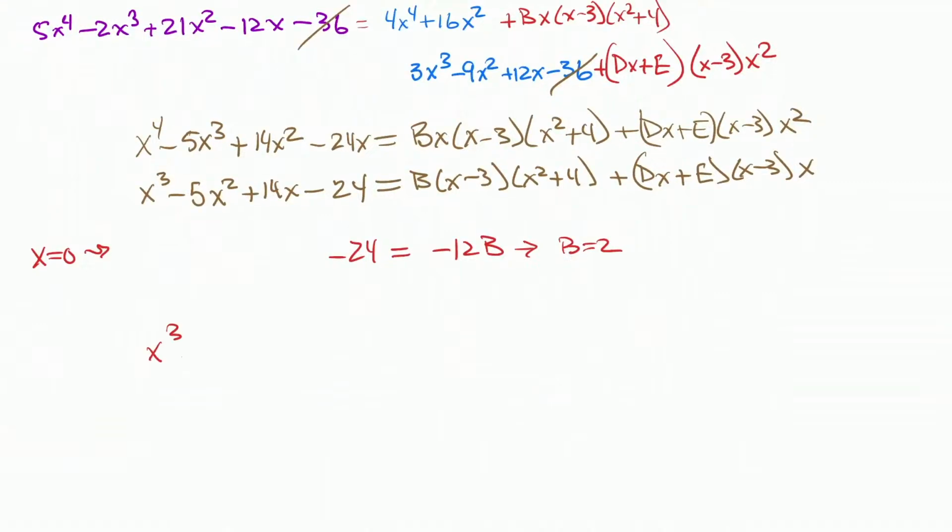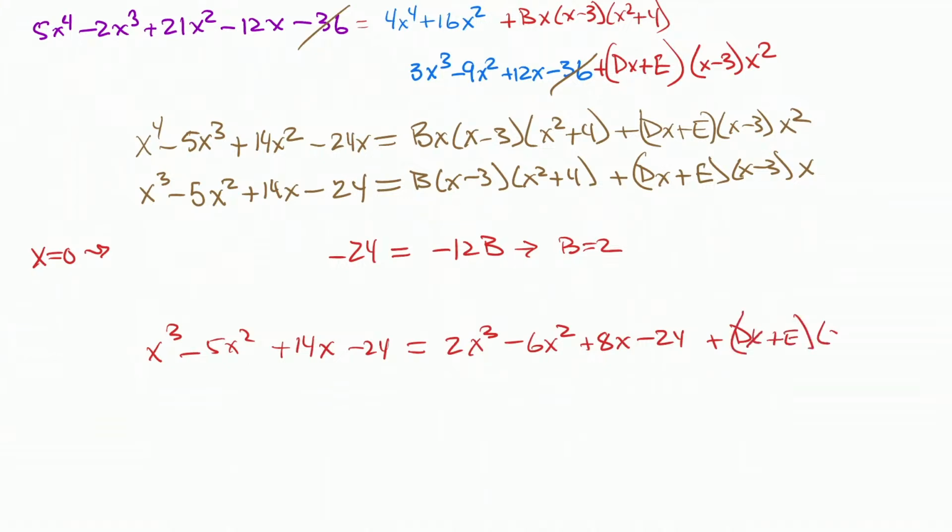So this will be x cubed, 5x squared plus 14x minus 24 is equal to 2 times 2x cubed, give me a sec here, minus 6x squared plus 4, 8x minus 24, plus dx plus e times x minus 3 times x.